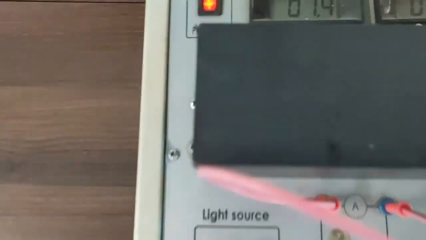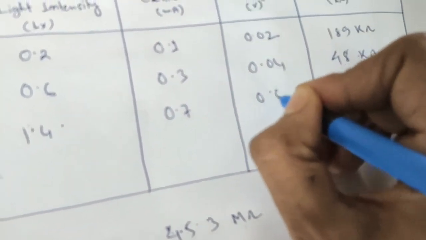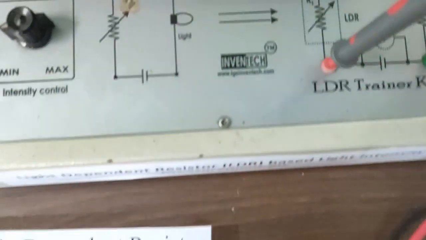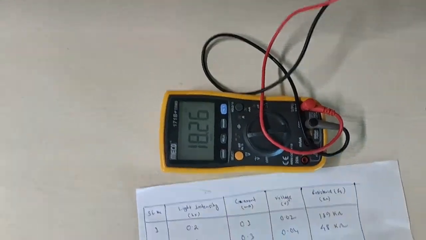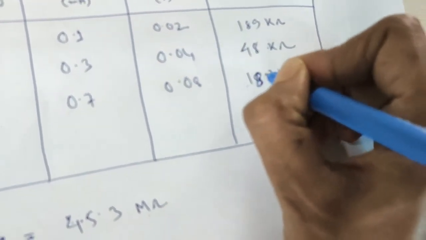So for 1.4 it is 0.7, and it is 0.08, and the resistance is 18.26 kilo ohm. So gradually it is decreasing.